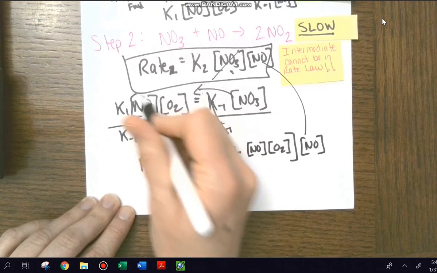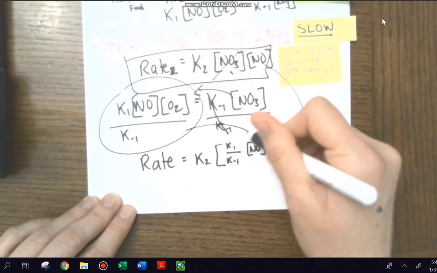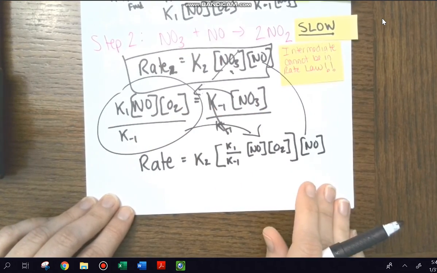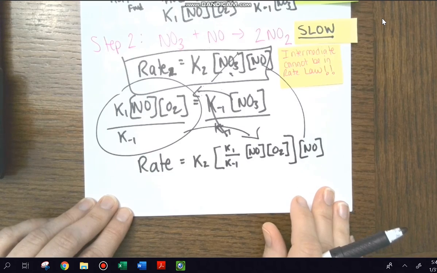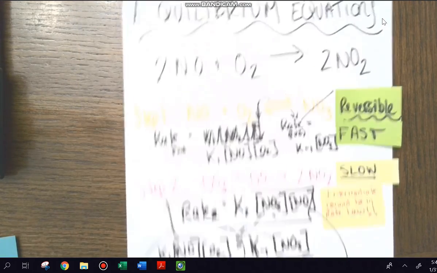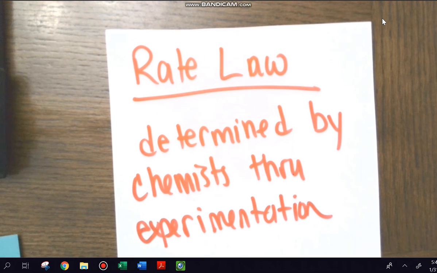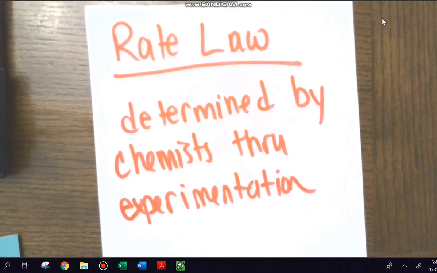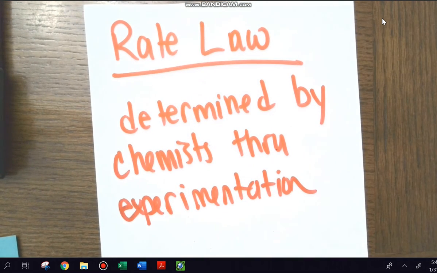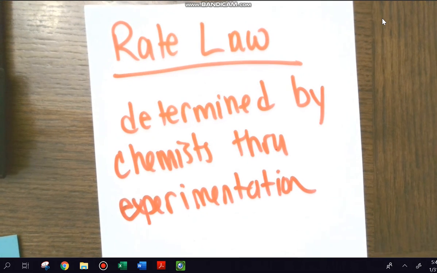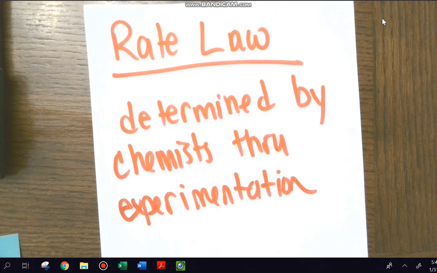Okay, you see how I took this whole thing and I put it right there. And that right there is how you are going to do it. So remember, just real quick, rate law is determined by chemists through experimentation. It is not something that can be done or predicted. All right, hopefully this helps.